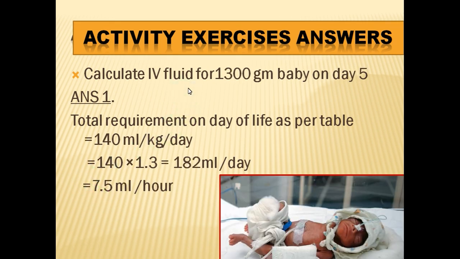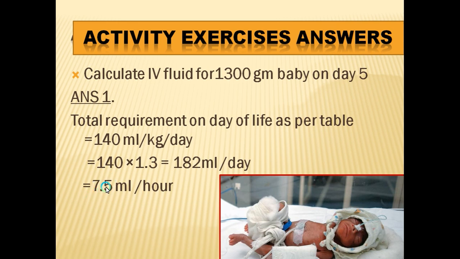Okay. So it is now 1300 grams. So requirement on day 5 is 140 ml. So 140 ml per kg per day is 140 into 1.3 will give you 182 ml per day. 182 divided by 24, you will get 7.5. Here we will give 8 drops. Instead of 7, we give 8 drops.